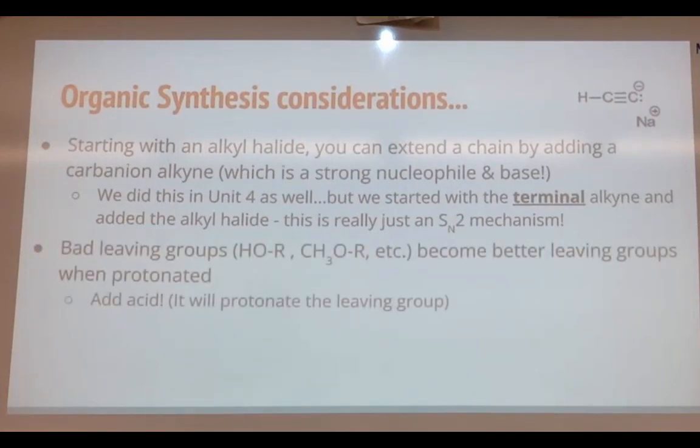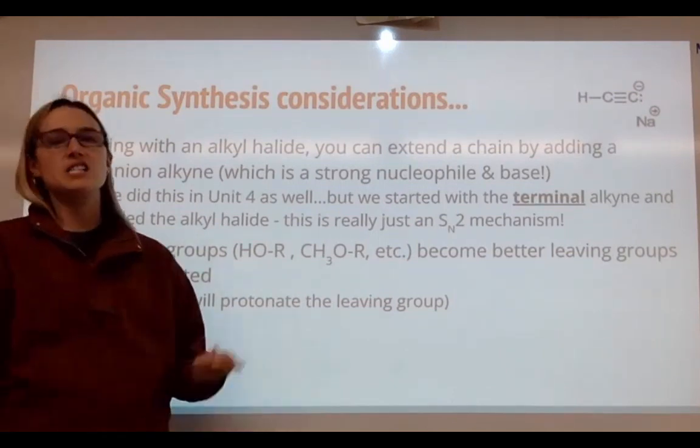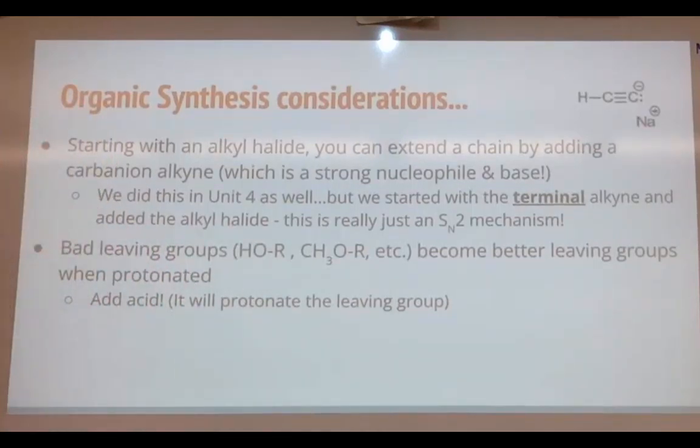When you have bad leaving groups, I say bad because it's difficult for them to leave on their own. Halogens are good leaving groups. That's why we usually see Br as a very common leaving group. Bad leaving groups are alcohols.